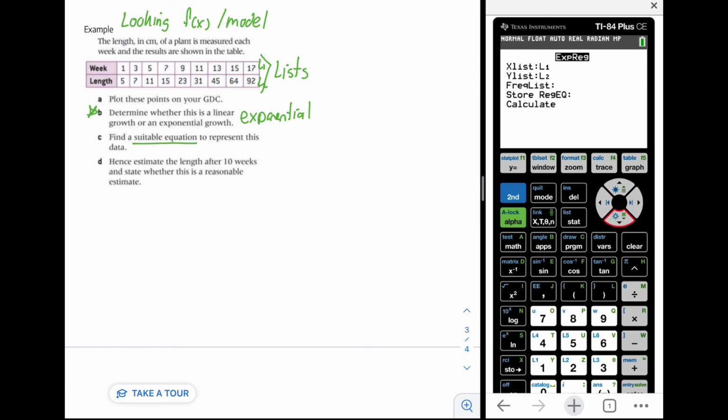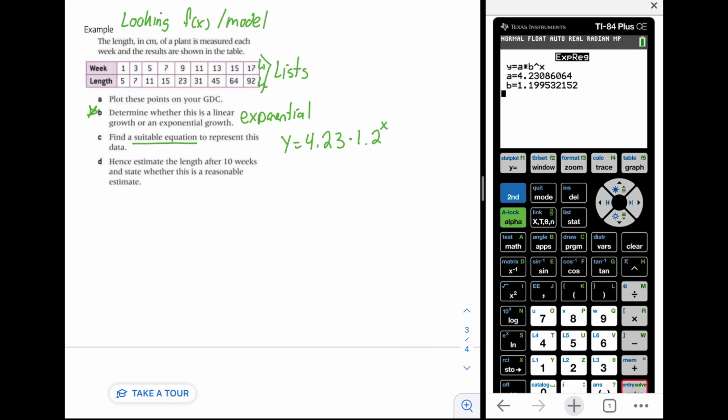My x list was L1, L2, nothing for frequency, and then we go ahead and calculate it. And now we're getting the function y is equal to 4.23 times our base 1.199, so that actually rounds to 1.2, and that is to the power of x. So this is going to be the exponential equation that best fits our graph.